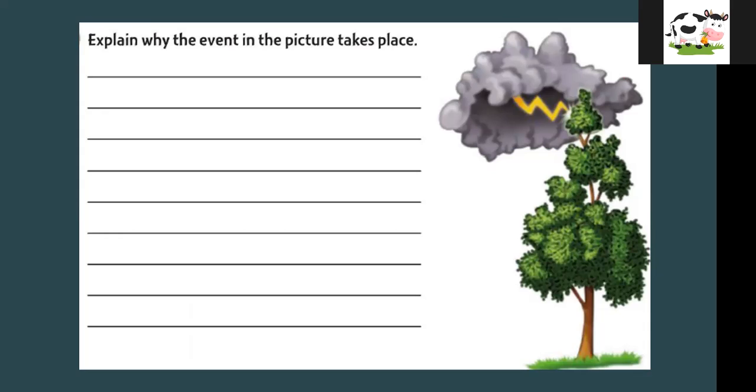Tom, go ahead. Lightning usually hits high places, so the tree is very high and it's more likely to get struck by lightning. That's why in a thunderstorm you should avoid trees in case they fall on you. That was very morbid, but thank you. That's a good explanation.